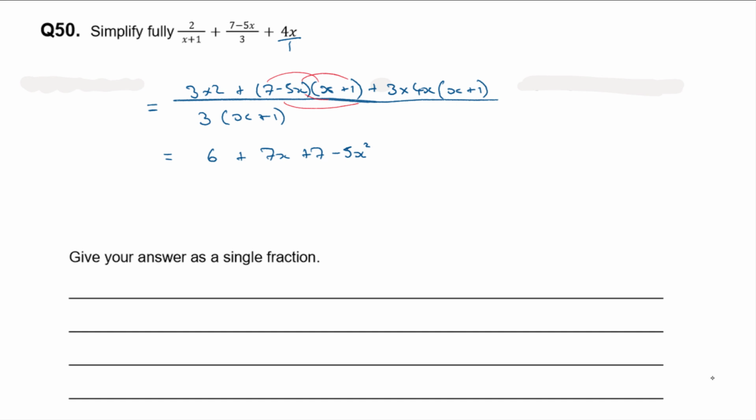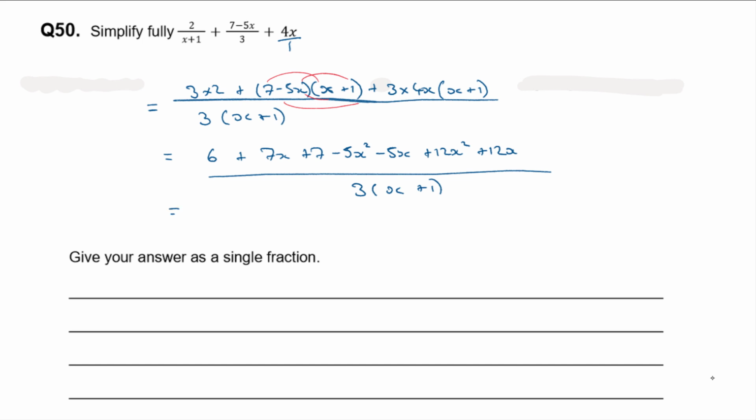And minus 5x times 1 is minus 5x. And then I've got 3 times 4x, which is 12x. And then 12x times x, which is 12x squared. And 12x times 1, which is 12x. Okay, so quite a long numerator still. I'm sure we can tidy that up a little bit. Not really going to do anything with the denominator just yet. I'm hoping I'm going to cancel some bits out.